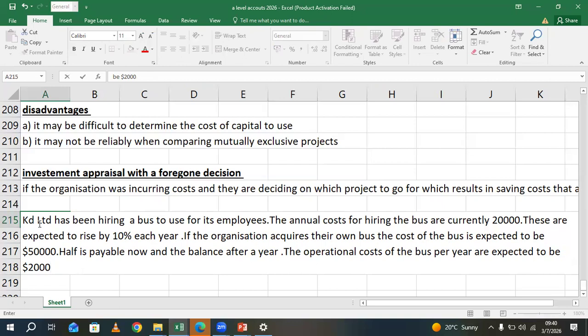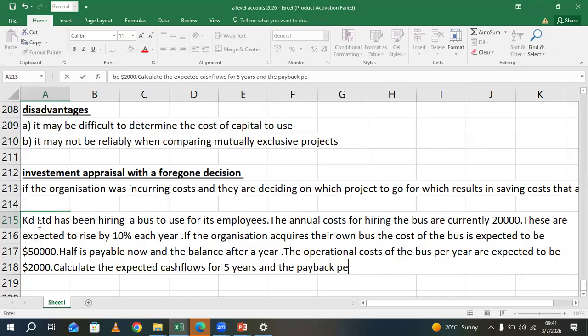So calculate the expected cash flows for 5 years and the payback period.